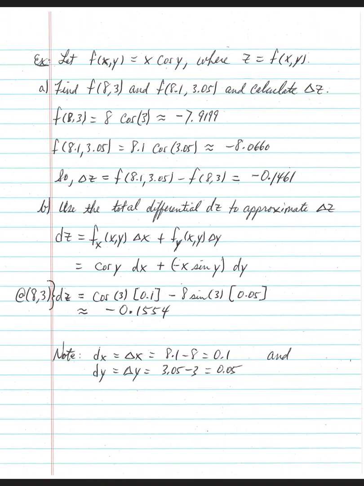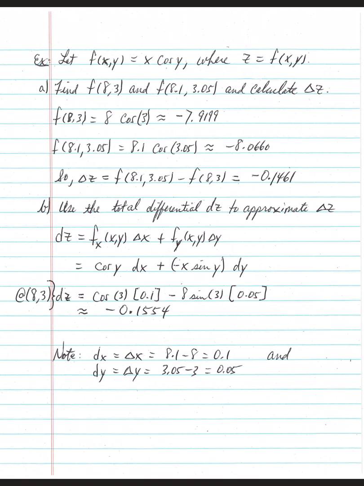Now, the change in z, or the overall change in your function value, is those two function values subtracted: negative 0.1461.